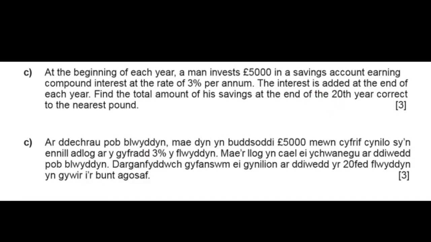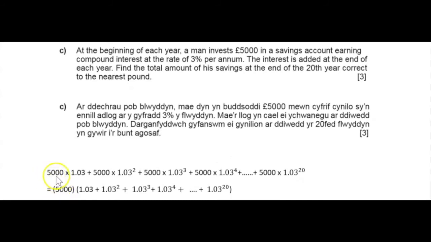So the geometric series is developed this way. So if we look at this geometric series, if we take out 5,000 as a common factor, we're left with 1.03 plus 1.03 squared plus 1.03 cubed and so on up to 1.03 to the power 20.